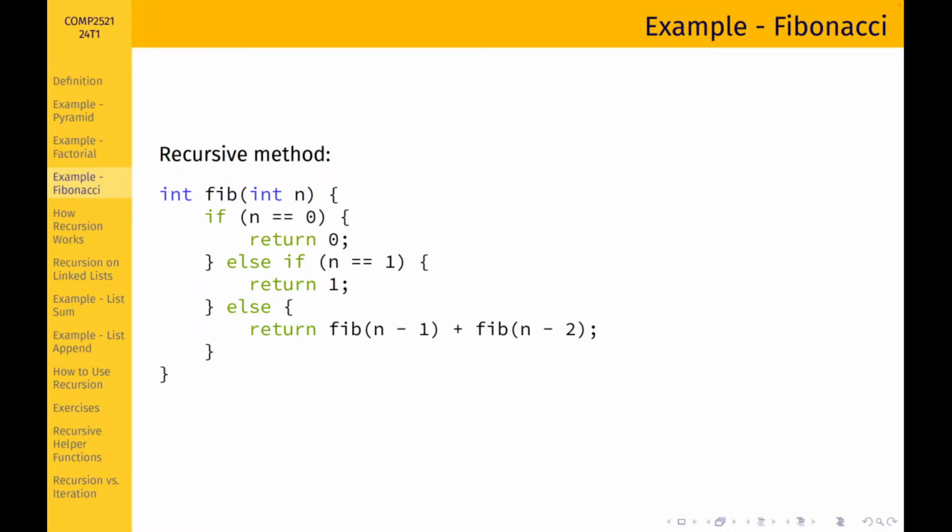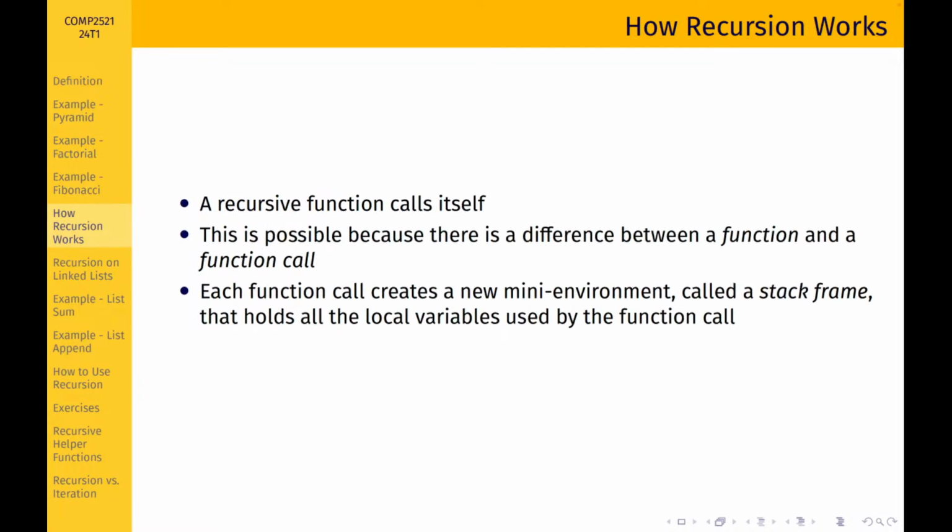Now let's talk a bit more about how recursion actually works. A recursive function is a function that calls itself. So wouldn't that be problematic for the program? It turns out no. Recursion is perfectly fine, and the reason is that there is a difference between a function and a function call.